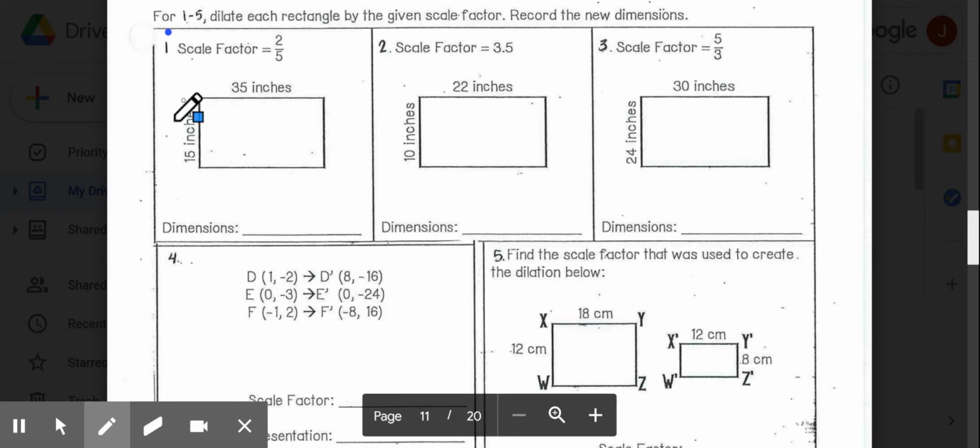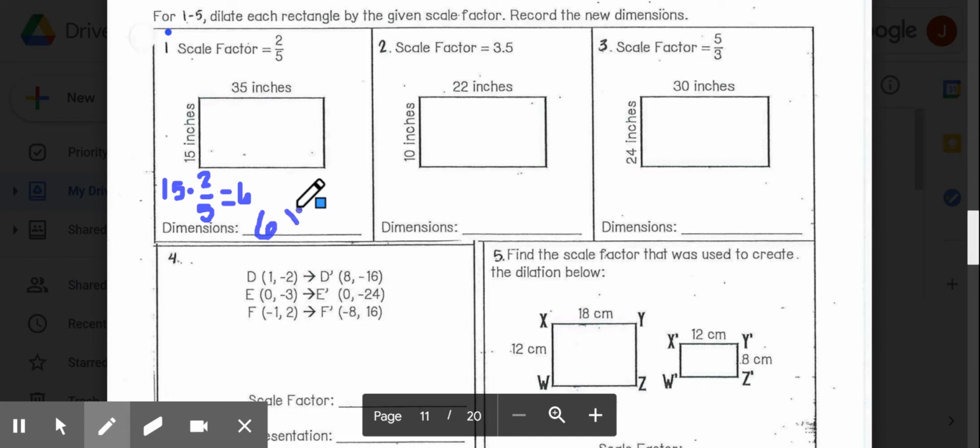So to start with, I'm going to multiply 15 times 2/5. You can use a calculator to do that. That gives us 6. So 15 times 2/5 is 6. That tells us that the side length of our new rectangle is going to be 6 inches. So one of the dimensions is 6.